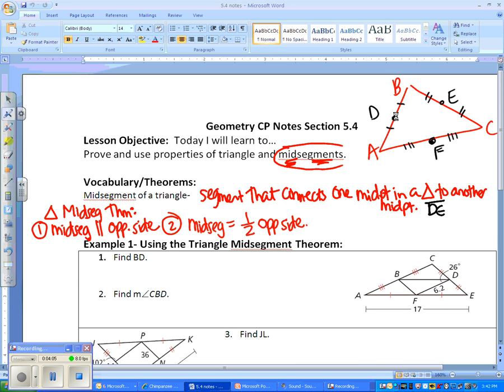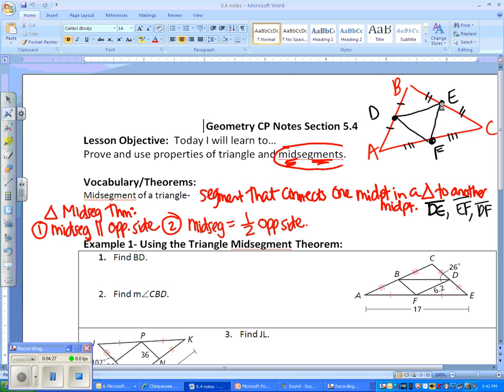Okay, cool. Now this is one midsegment, so DE is a midsegment. EF is another midsegment, and this one would be parallel to its opposite side, AB. And then we have a third midsegment, DF. And that midsegment is parallel to BC, its opposite side.